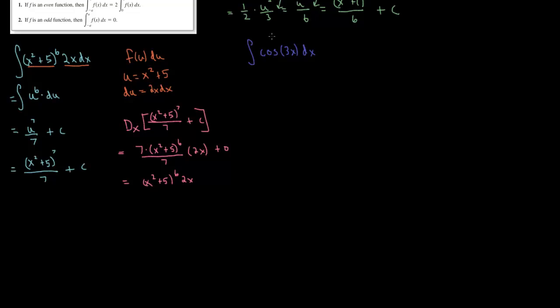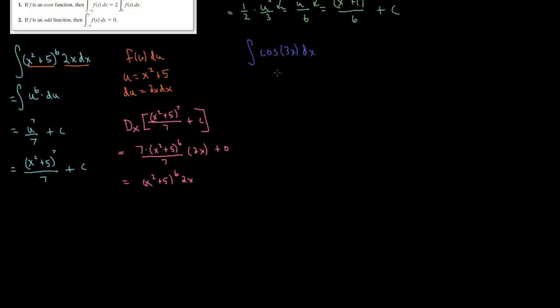Now, if I just had the antiderivative of cosine, that's super easy. The antiderivative of cosine is just what? Well, it's sine. That's just in the list of stuff we've memorized. But here, I'm trying to find the antiderivative of cosine 3x, not just cosine x.